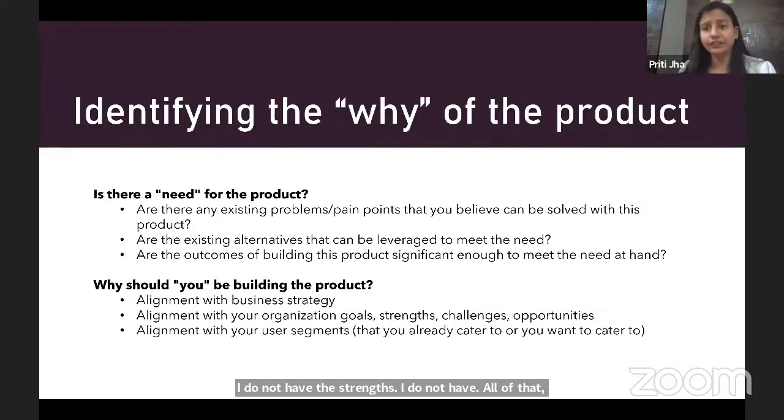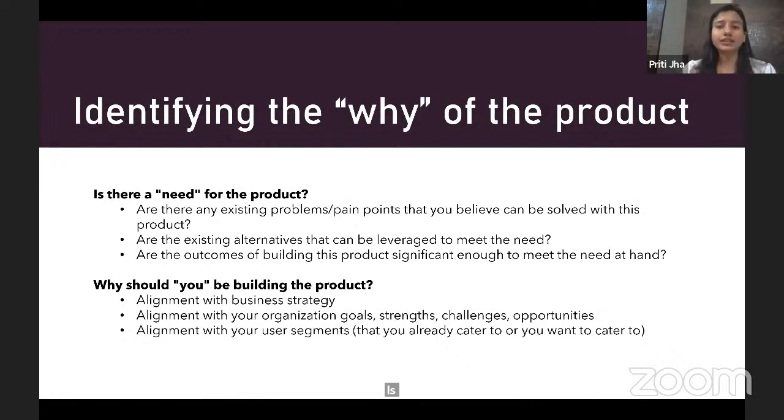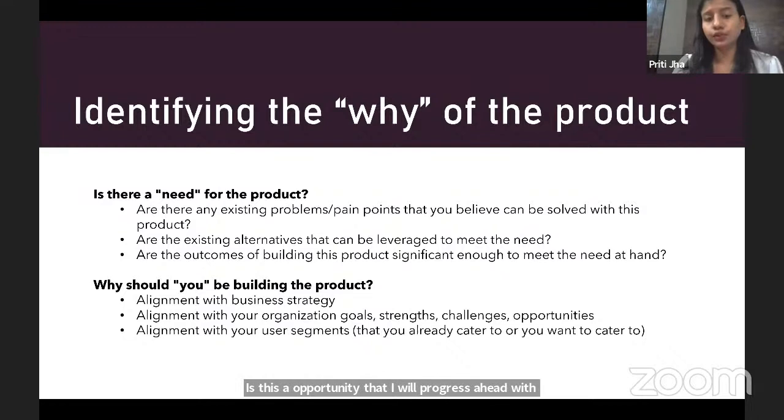And then I might face challenges, such as logistics challenges, storage challenges, and operational challenges, which I may not be ready to face right now. And then the opportunity side of things, like is this a good opportunity for me? Is this an opportunity that I want to progress ahead with? Those are the things that I need to focus on.